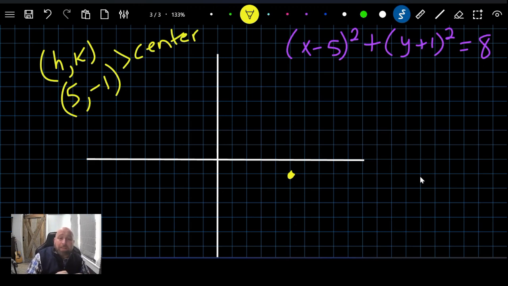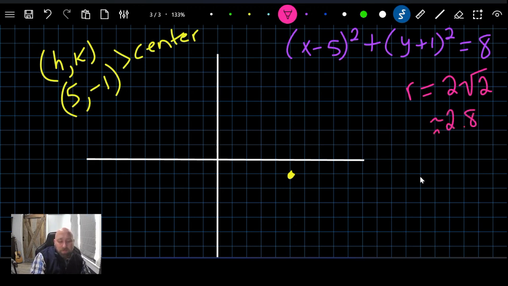Now, how do we get the radius? This is a little bit tricky right here, because you might say our radius is 8. We already went through that. The radius is not 8. What is our r? Our r equals 2 square root of 2, or it equals approximately 2.8. Now this can be a little bit tricky.